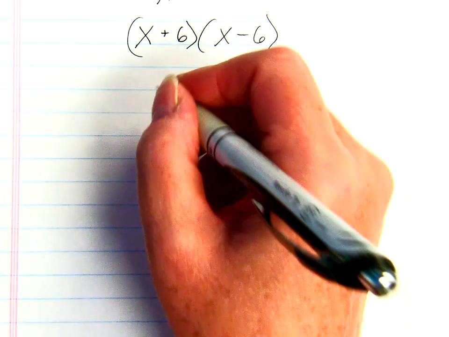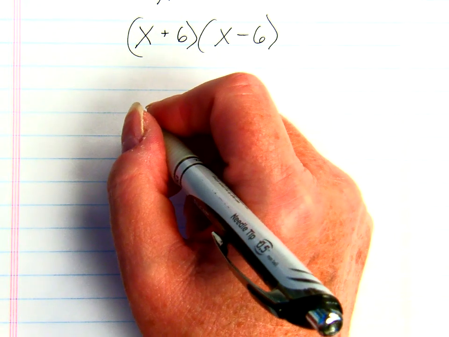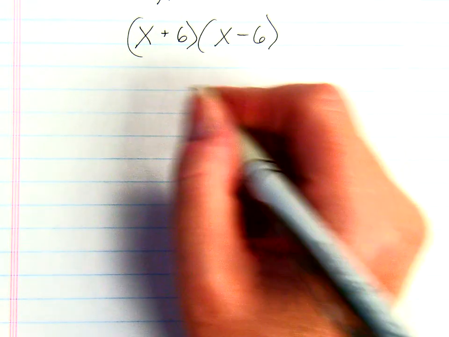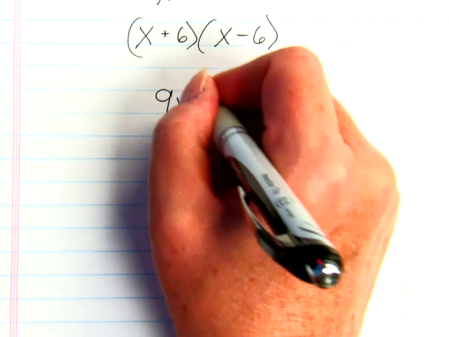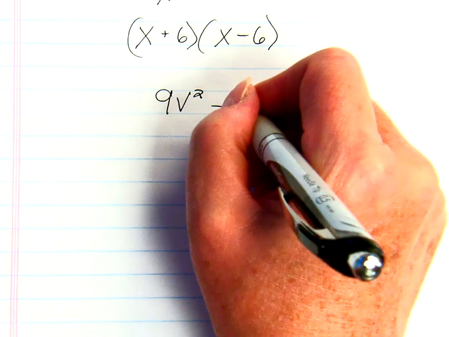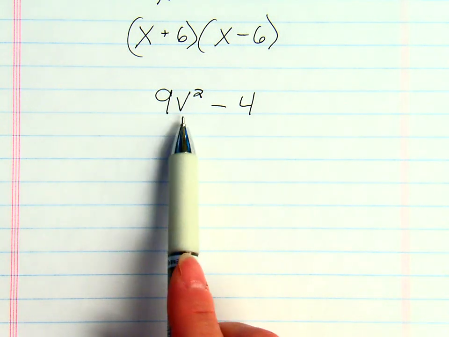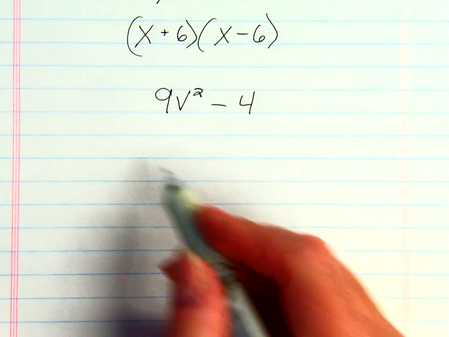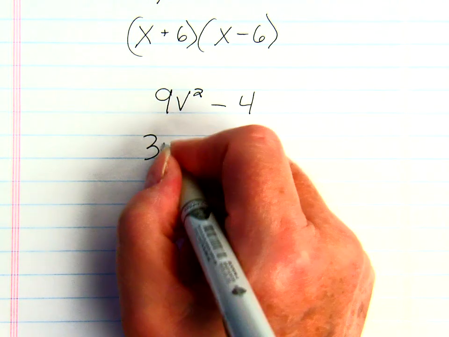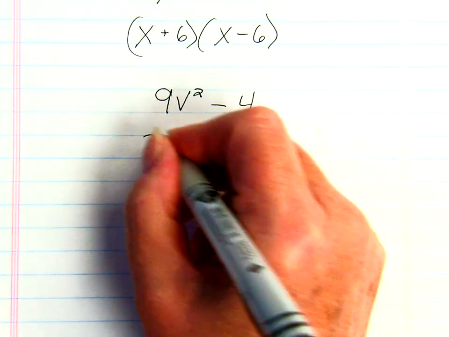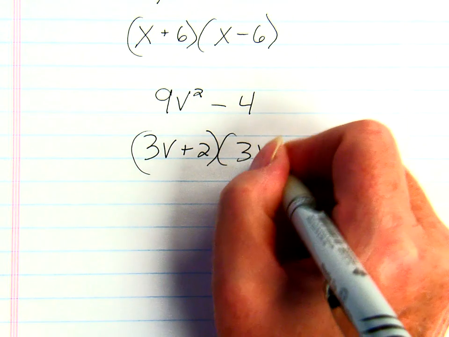Now let's put a term in front of it. Let's say 9v squared minus 4. Let me point this out: perfect square, perfect square, perfect square. So this becomes (3v plus 2)(3v minus 2).